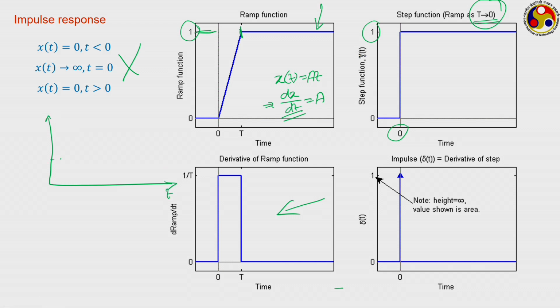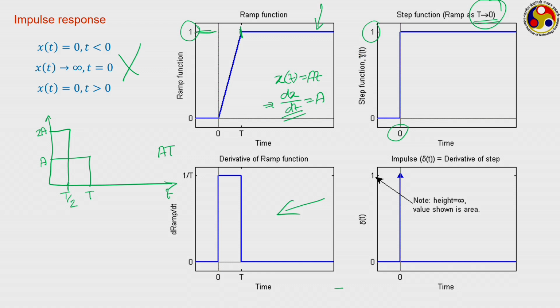Initially our profile was something like this, over a period of capital T, and it is achieving a height of say A, so that the total area under this curve is A into T. Now, we want to maintain the area the same, but we want to supply the same amount of energy over a period T by 2. Then how should the signal look? It should look like this, which is twice A, and this is T by 2.